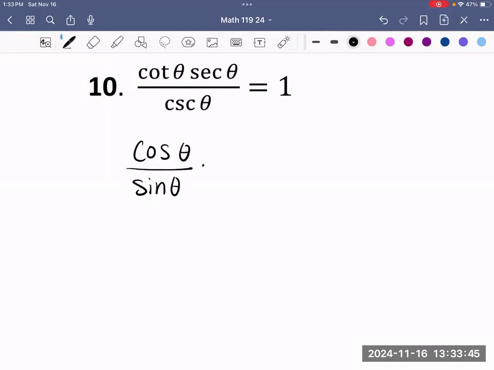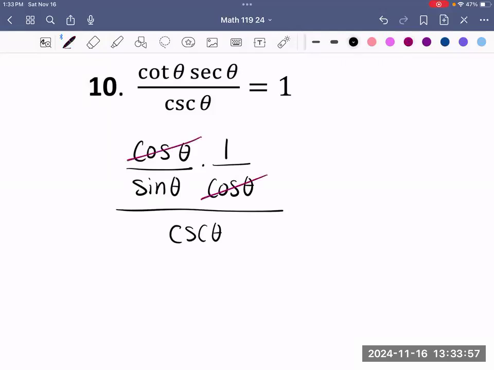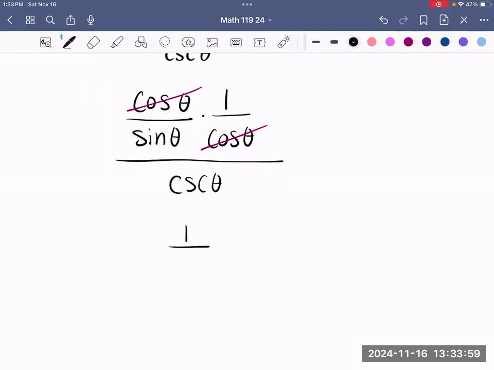We have times 1 over cosine of theta all over cosecant of theta. I might hold off on that one for a second, but notice that your cosines will end up canceling. So we're left with 1 over sine of theta all over cosecant of theta, which is really just 1 over sine of theta.